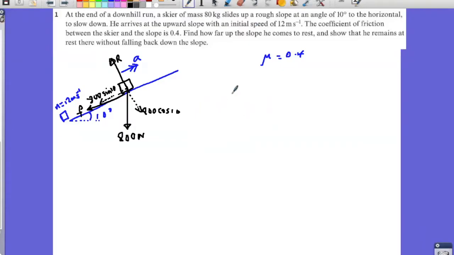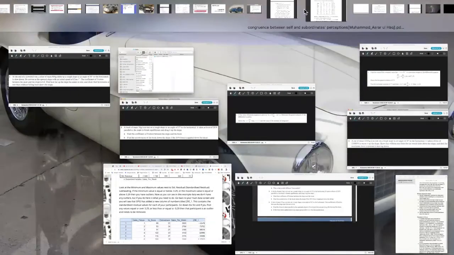So resolve perpendicular, we have R is equal to 800 cos 10. You may want to calculate that value, 800 cos 10. Let me quickly calculate it.